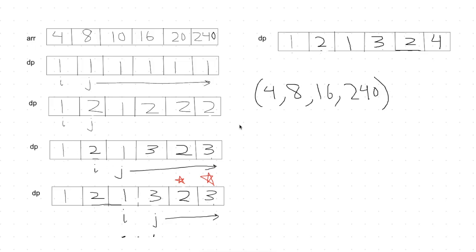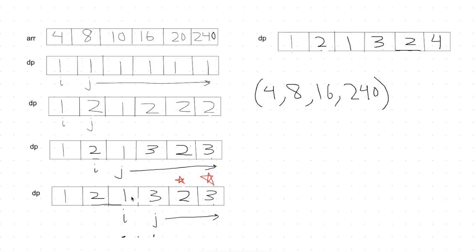Move on to our next iteration. i is at value 10, and is 16 divisible by 10? No, it isn't, which is why this value is unchanged. Is 20 divisible by 10? It is, so we will add 1 to dp of i, which is 1, and that gives us a value of 2. Now, 240 divided by 10 also gives us a remainder of 0, so we'll add 1 to dp of i here.